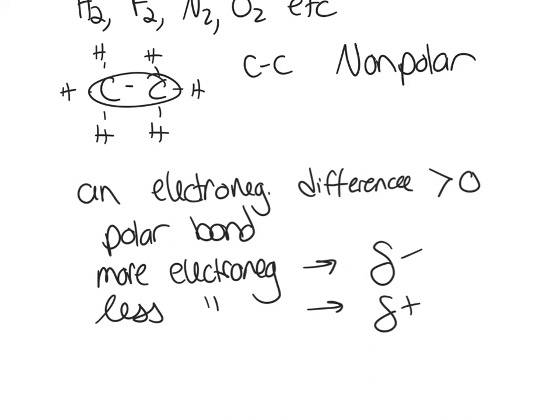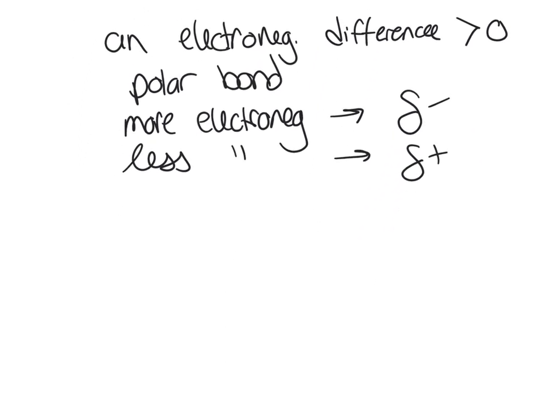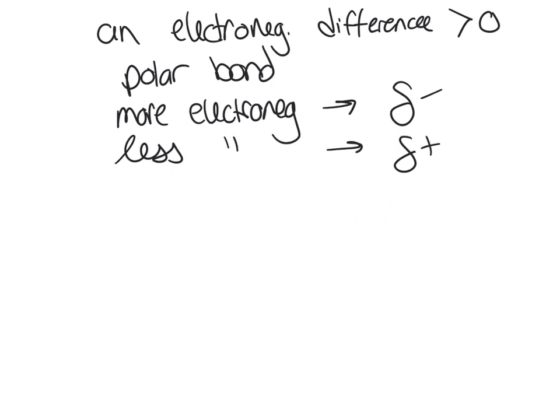The last thing we need to know about covalent bonding, okay? It's a spectrum. The bigger the difference in electronegativity, the more polar the bond. That's important.